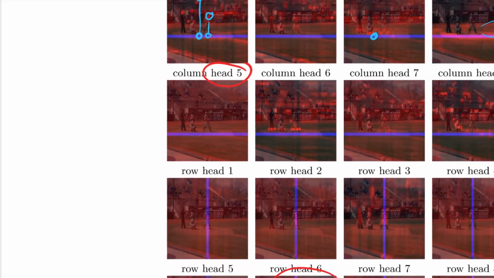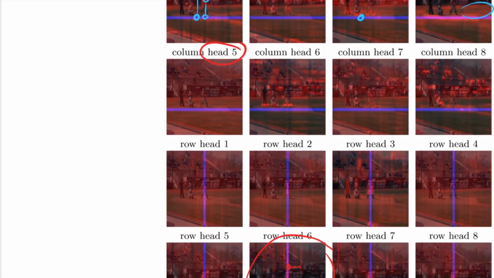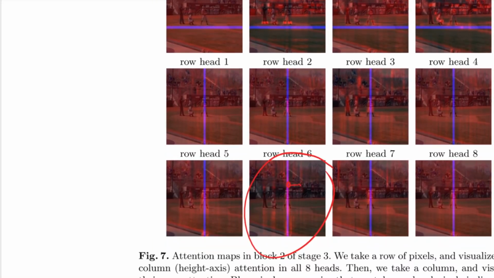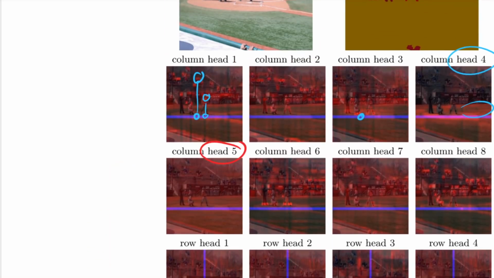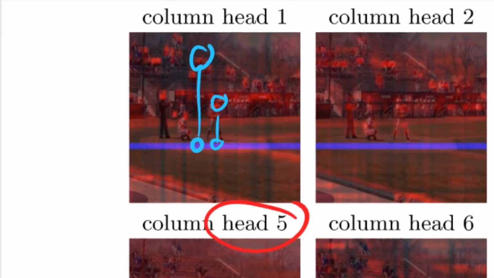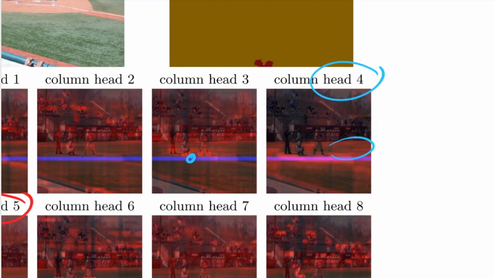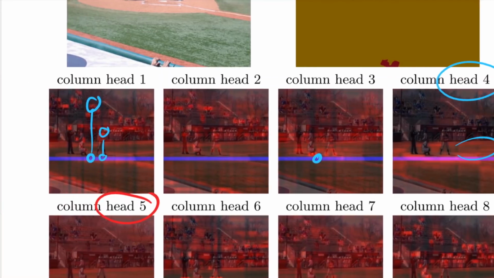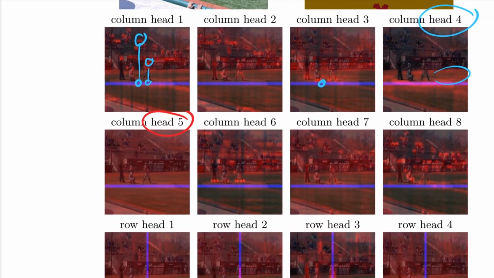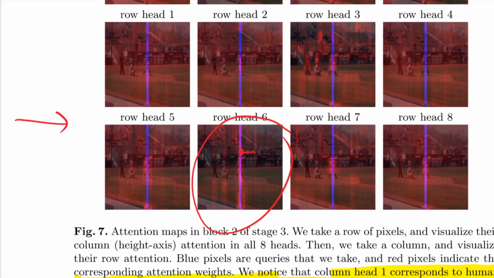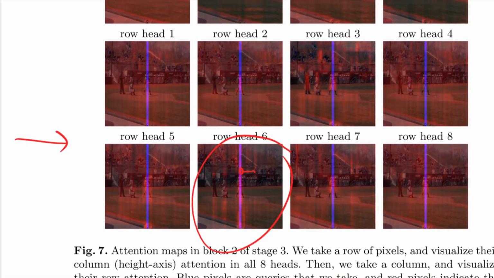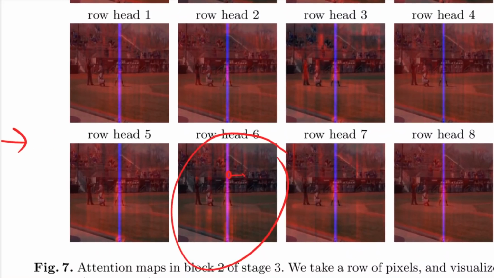And this, I don't know, maybe they just needed something more to say because they put these pictures here. They were like, okay, the column heads are really nice because this one just pays attention to the people, and this one looks really nice because it pays attention to the field. But we can't really put the column head attention without putting the row head attention. But then none of the row heads really are super distinctive on a particular thing in the image.